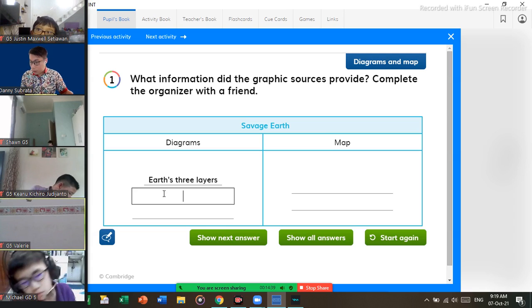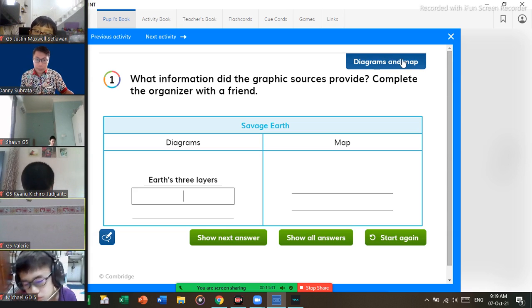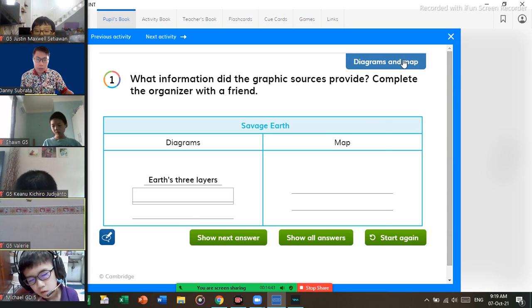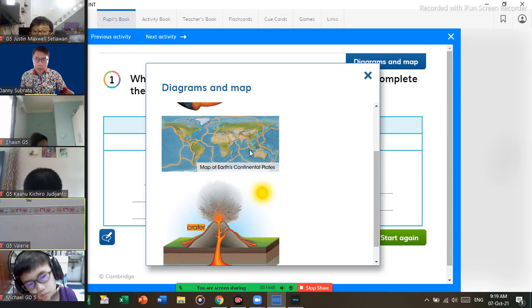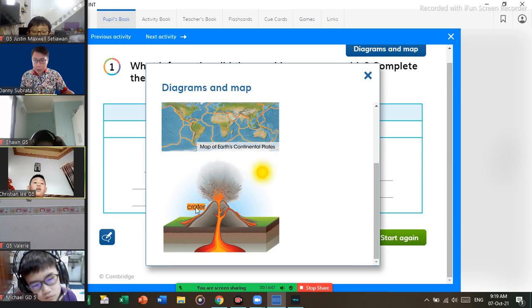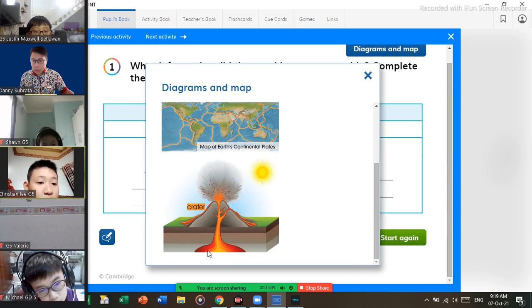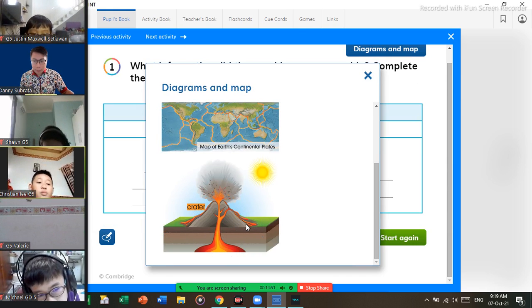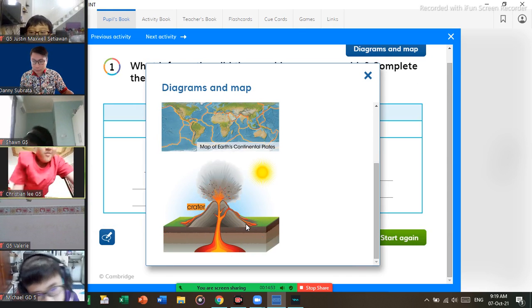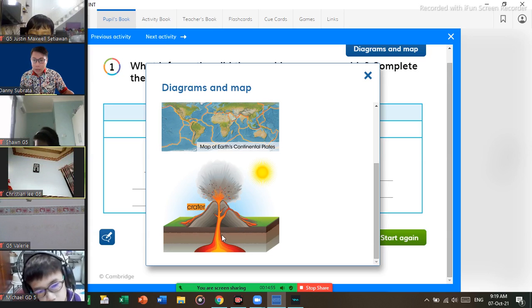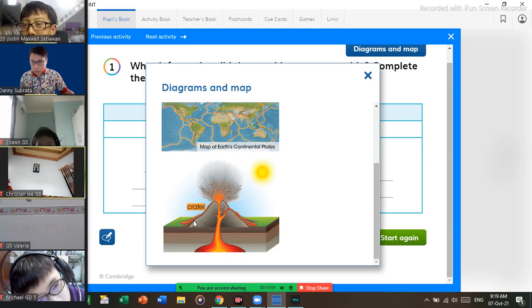If you look into page 53, okay, there we go. This one. Okay, this is the structure of the volcano.